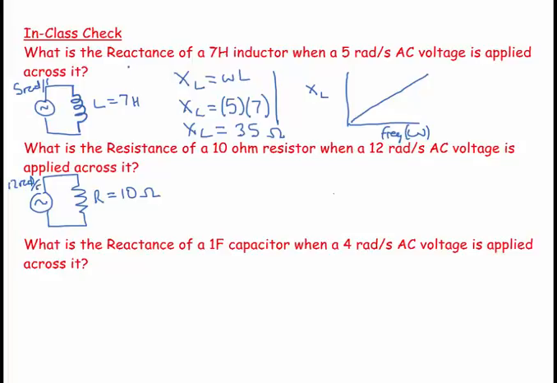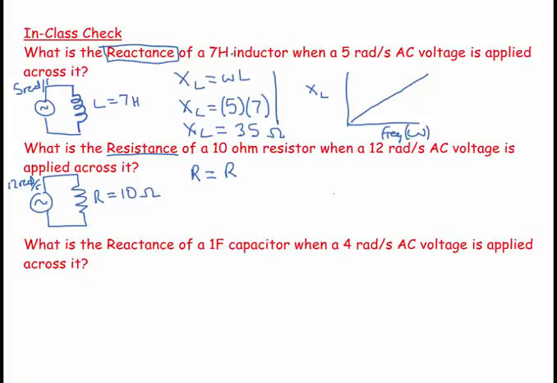I don't use the term reactance, I use the term resistance, and that's significant because reactance is the term I use for frequency dependent resistance, and resistance is the term I use traditionally for non-frequency dependent resistance. It's just the resistance. So what I have to say is that my resistance equals my resistance.